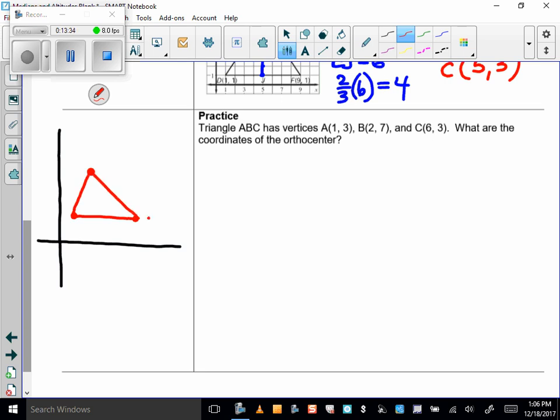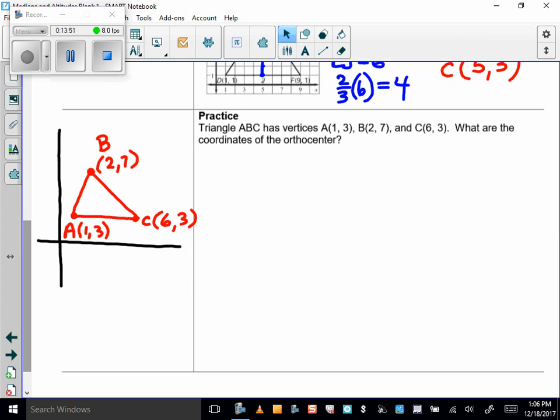So let me fill these in. C is 6, 3. B is 2, 7. And A is 1, 3. Okay, what are we trying to do? What are the coordinates of the orthocenter?